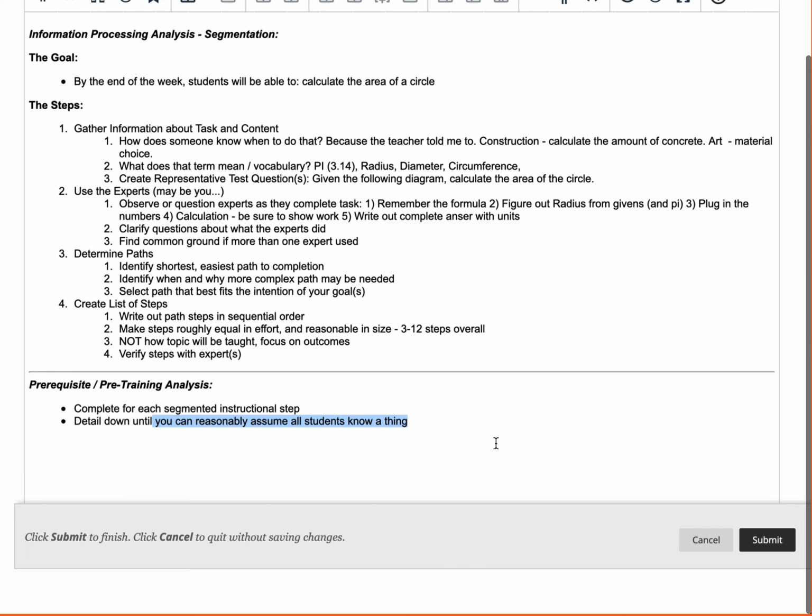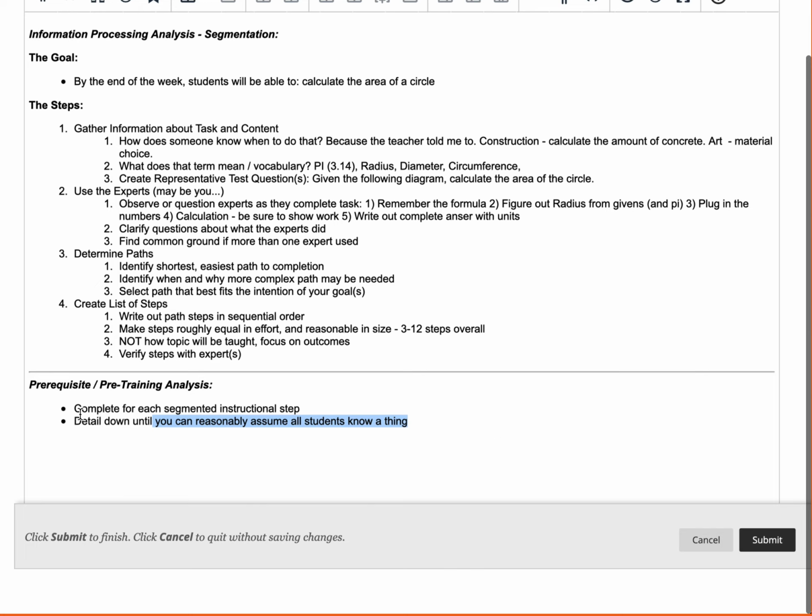You can reasonably assume that they know how to multiply, using one method or another, right? So those don't necessarily have to be prerequisites, because those are more like givens. If they're in this class, this is not even something we should have to consider. We know that they know this stuff, that they have the ability to do it.